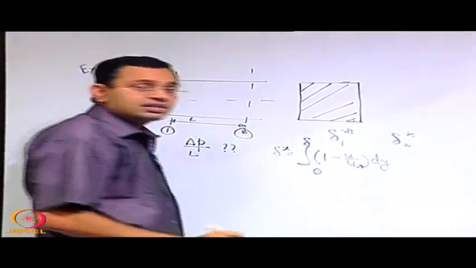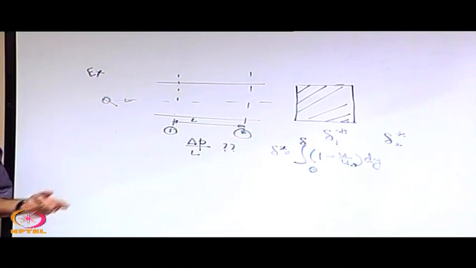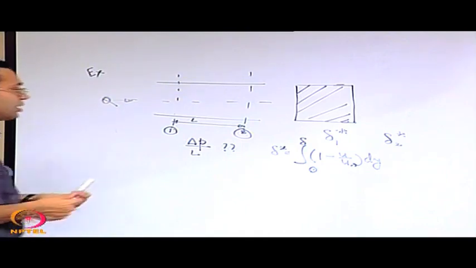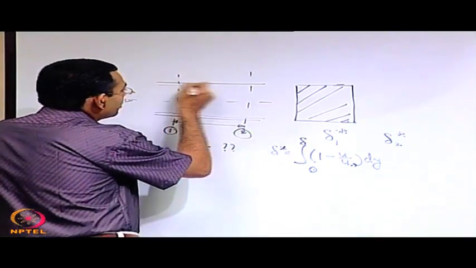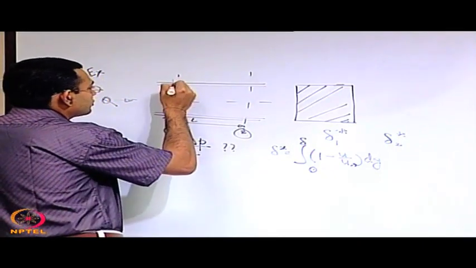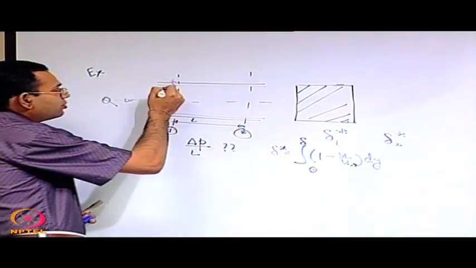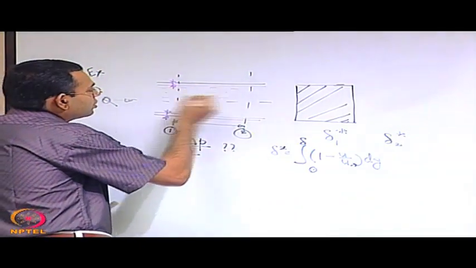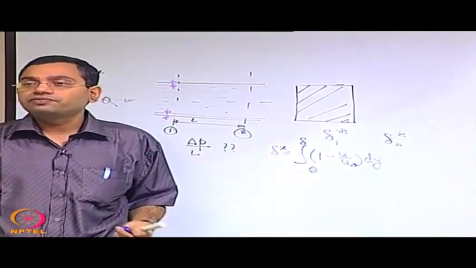Once you get delta star, for average predictions you may forget about the boundary layer characteristics altogether, because then your situation is equivalent to having displaced the solid boundary by an amount delta star, so that the flow now takes place within the narrowed domain but almost in an inviscid fashion.